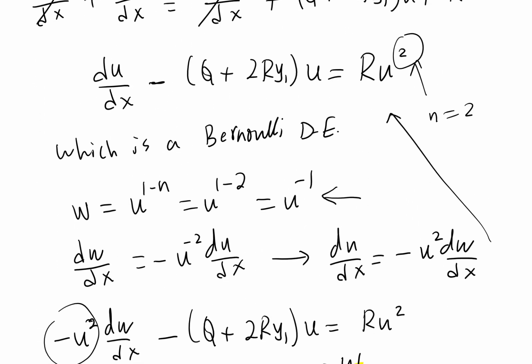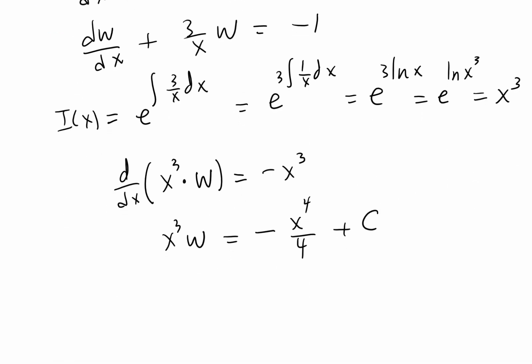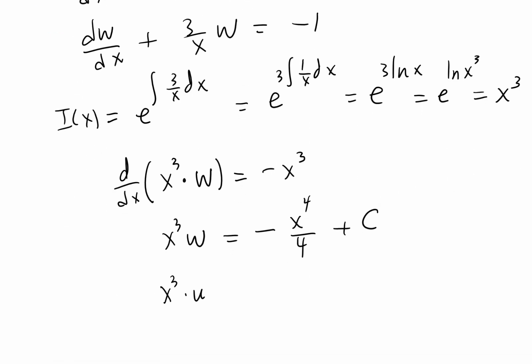That's why we can go back and remember w is u to the negative 1. So I'm going to replace w with u to the negative 1 because I need to solve for u.